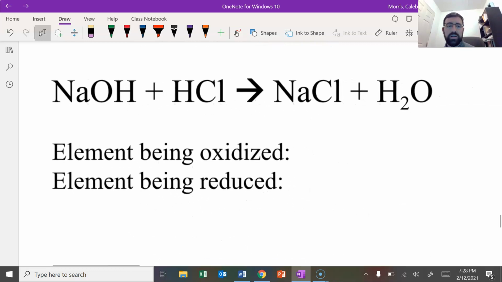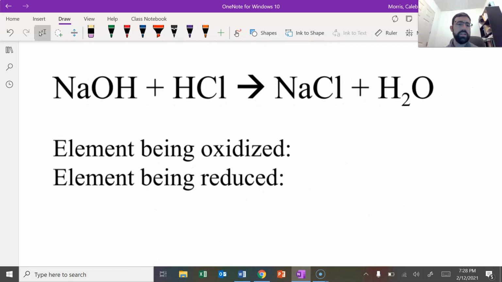NaOH, HCl, NaCl. Okay, let's get started with it. We've got Na with a +1 charge. Hydrogen has a +1 charge. Normally oxygen's -2. Let's try it and see if that works. -2 and 2 positives, that adds up to be 0. So that's correct. Then I have +1 for hydrogen.